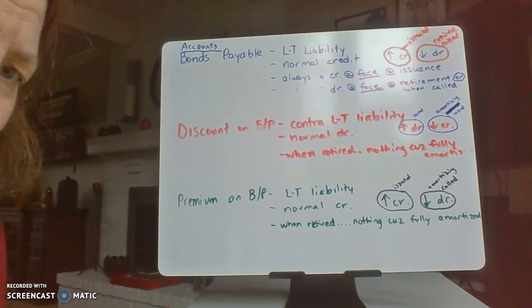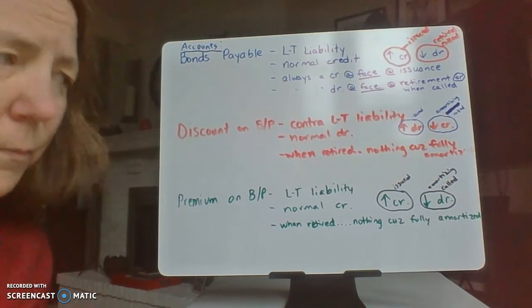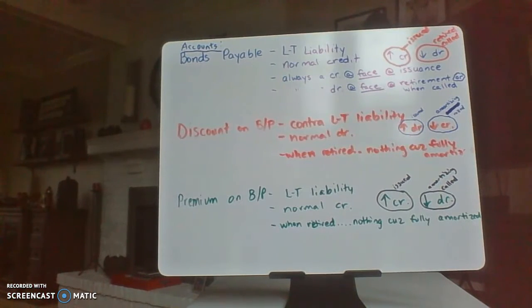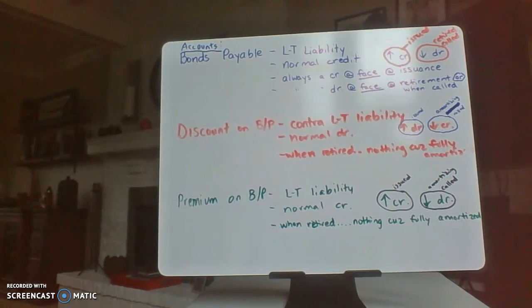Then the discount on bonds payable is a contra long-term liability account. Contra being the key. So contra, opposite of liability, makes it a normal debit, and it goes up as a debit, down as a credit.